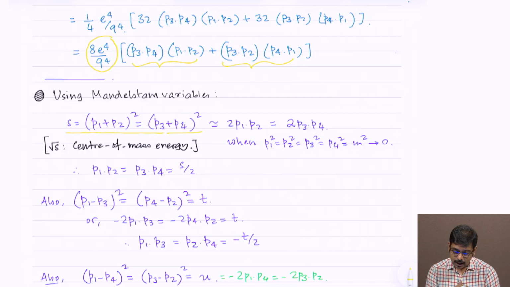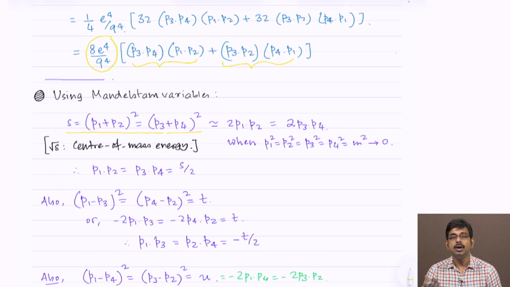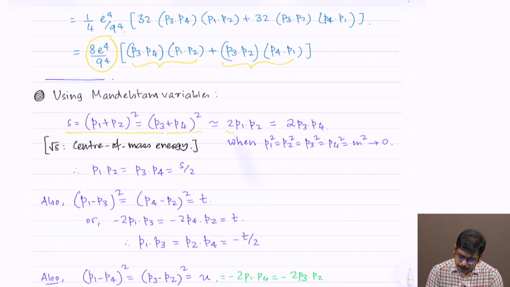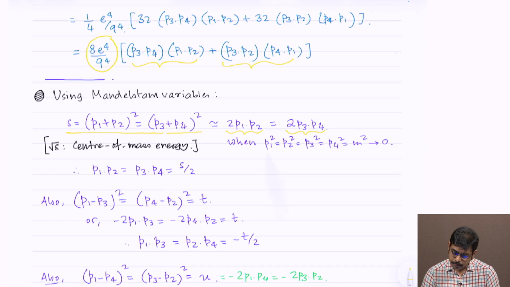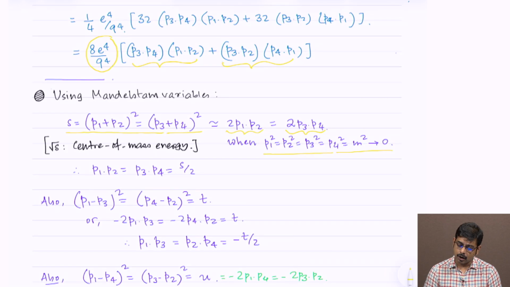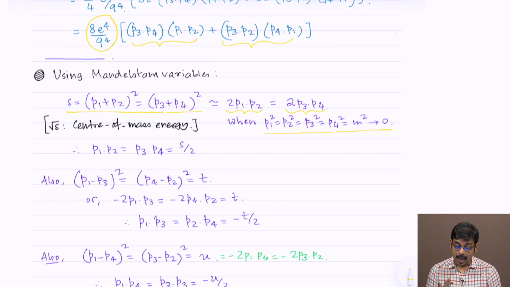P1 square, the 4 momentum square, is essentially the electron mass square, and in this process, because we are neglecting the masses of each individual particle, P1 square and P2 square, which give you the electron mass square and the tau mass square, both will be neglected. So you will remain with 2 P1 dot P2 or 2 P3 dot P4. Because your P1 square, P2 square, P3 square and P4 square are all the mass square of either electrons or the taus which are being neglected in this calculation, they will go to 0.